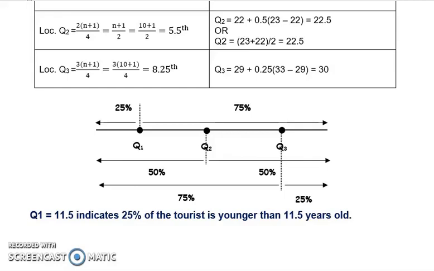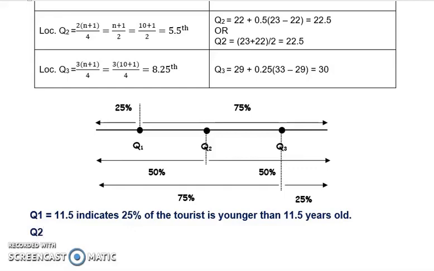It is up to you: you can interpret using the first 25% or the 75%. If you use 75%, 11.5 indicates that 75% of the tourists are older than 11.5 years old. That is how we interpret Q1.